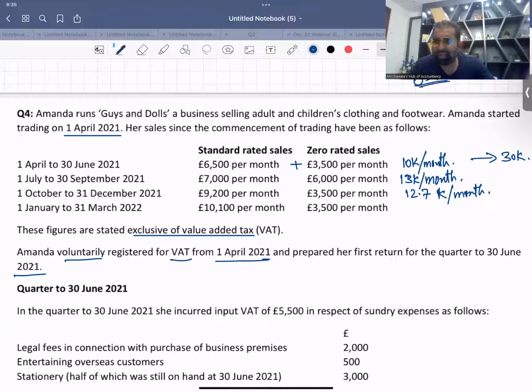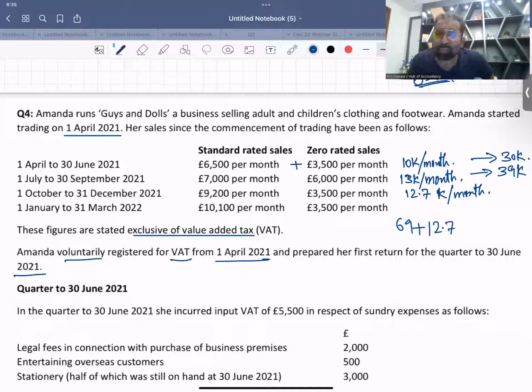The next 3 months, it's 13,000 per month, which for 3 months is 39K. So 30 plus 39 is how much? It's 69.